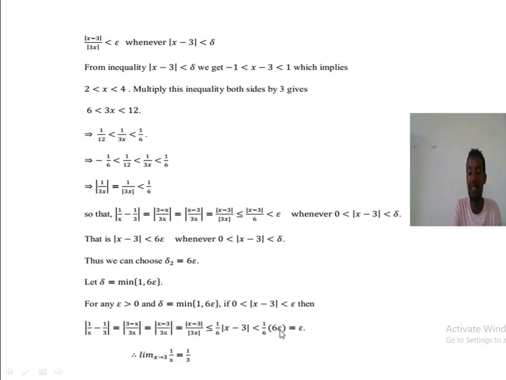But 6 is cancelled by 6, or 6 divided by 6 is 1, then this is equal to epsilon. So therefore the limit of 1 over x as x goes to 3 is 1 over 3.